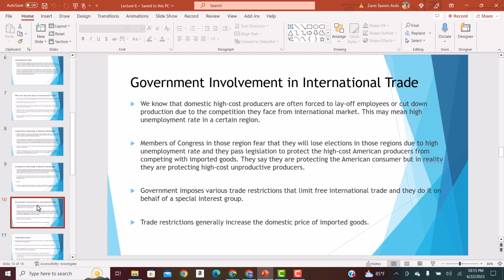So they say they are protecting the American consumer, but in reality, they are protecting high cost, unproductive producers. They try to defend that international trade is not good for the country because they want to win the elections. And in response, they come up with various trade restrictions with different countries that limit free international trade.